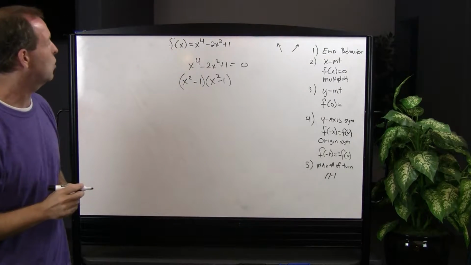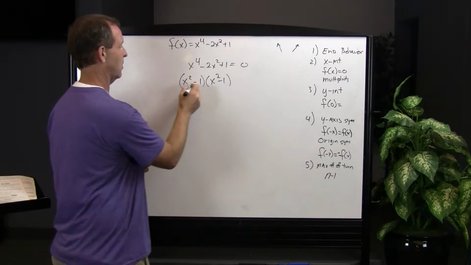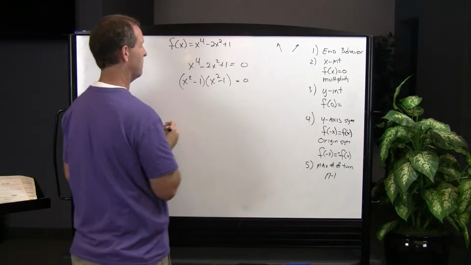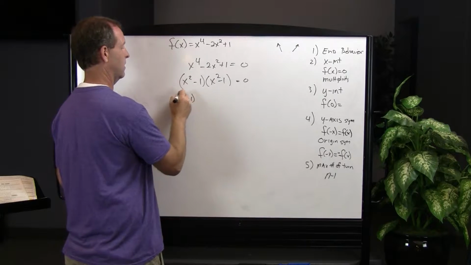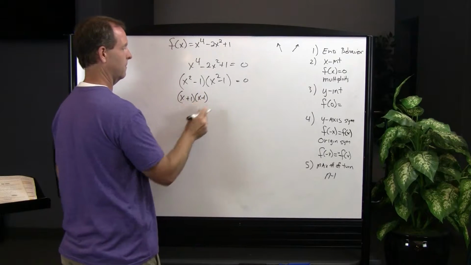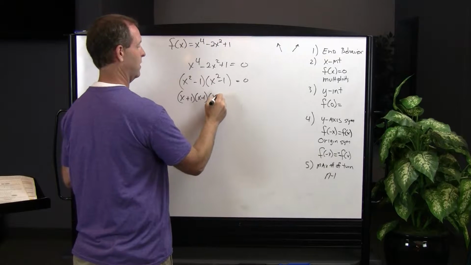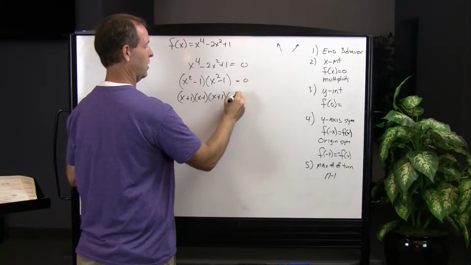Sorry, x squared minus 1 times x squared minus 1 equals 0. x squared minus 1, I can factor down to x plus 1, x minus 1. Same thing over here, x plus 1 times x minus 1.